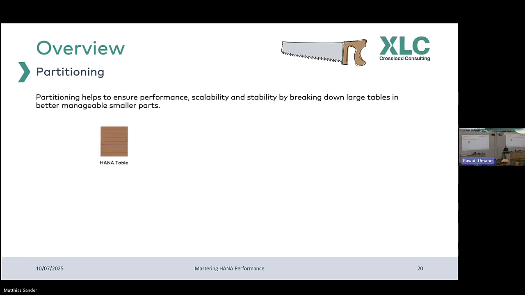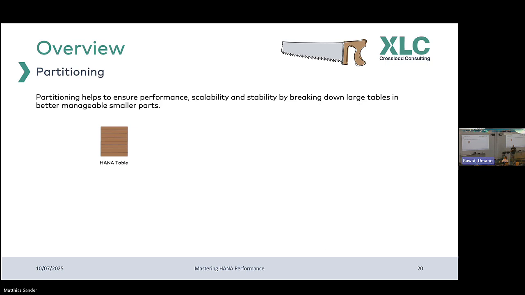And as we started, partitioning helps to ensure the performance, scalability and stability of the system. At the end, we cut your data into smaller pieces, but it's transparent for the ABAP application, or for the application running on top of the HANA database.